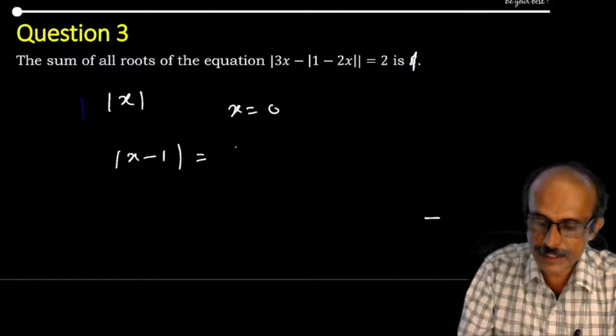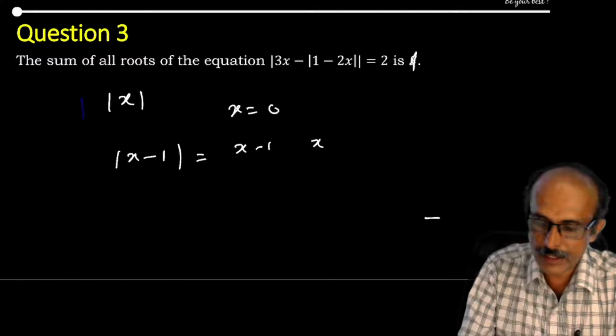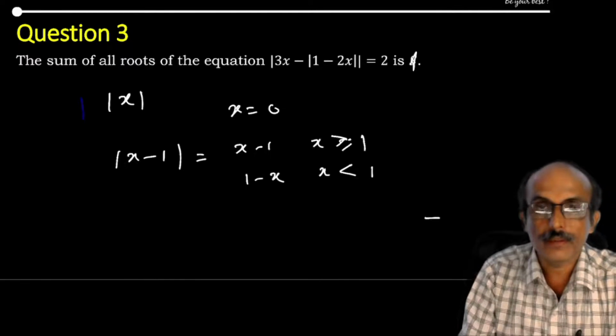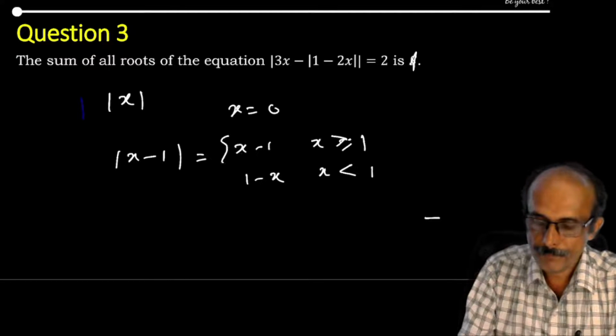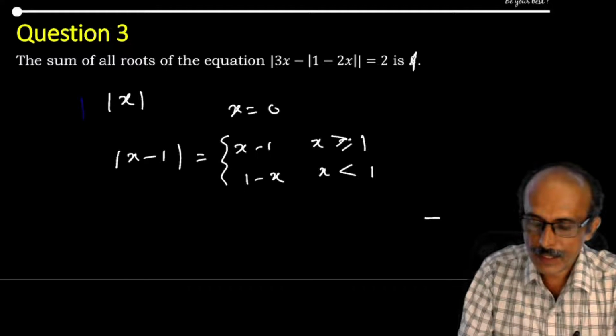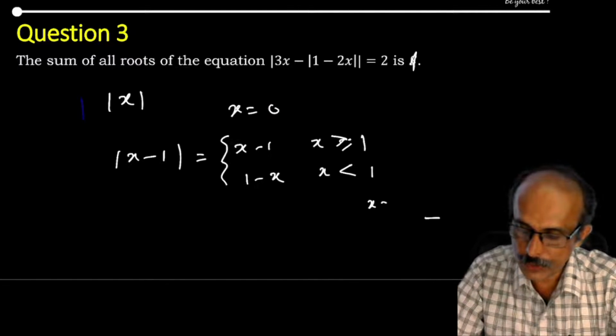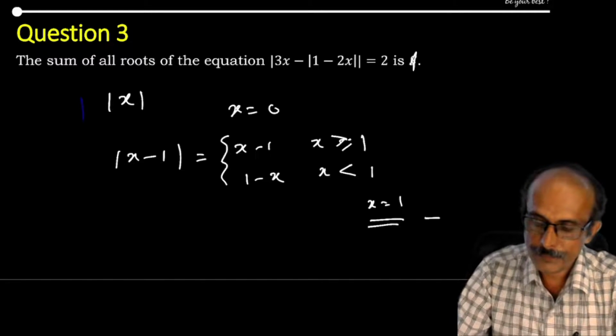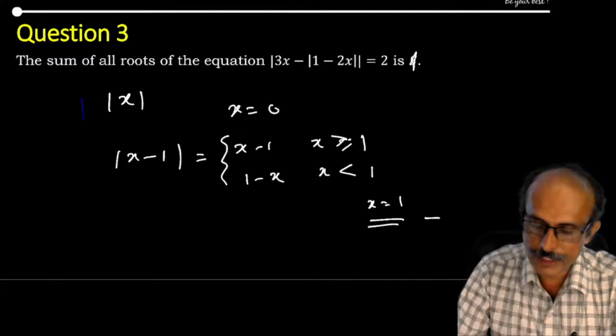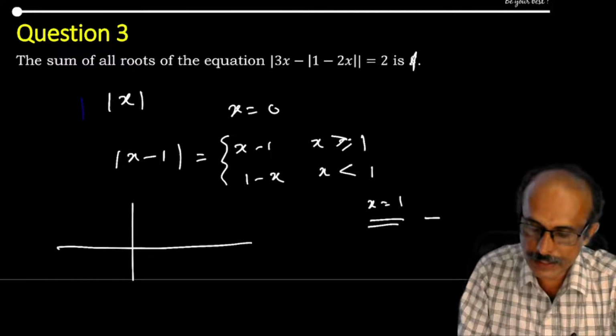That means it is x minus 1 whenever x is greater than or equal to 1, and 1 minus x whenever x is less than 1. So the sign changes at the point x equal to 1. The graph of this looks like a set of two lines again.